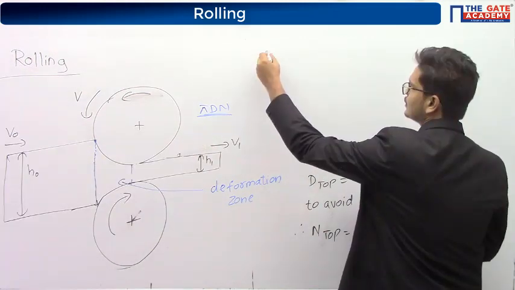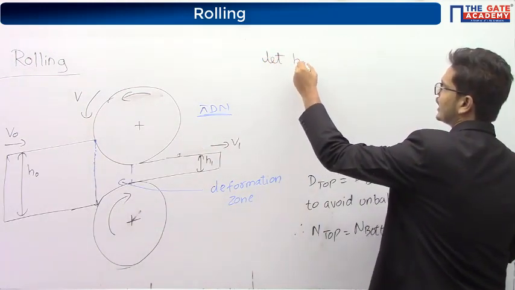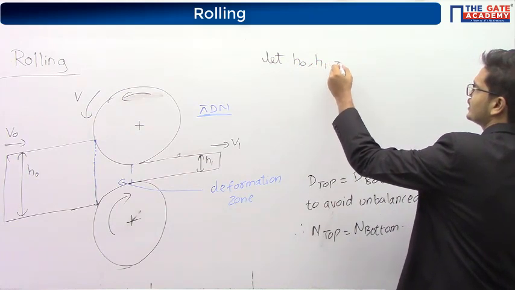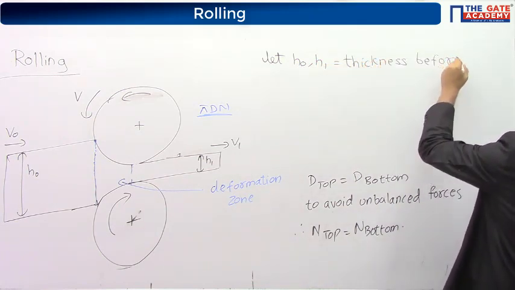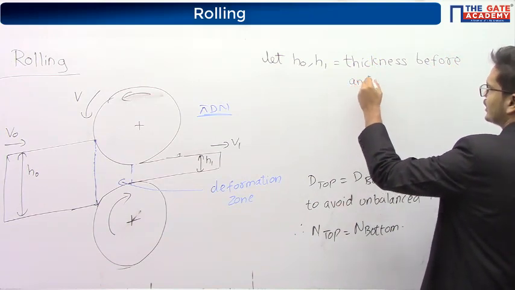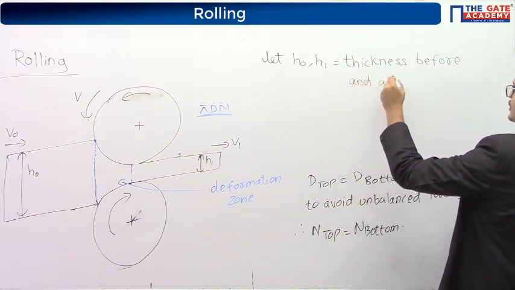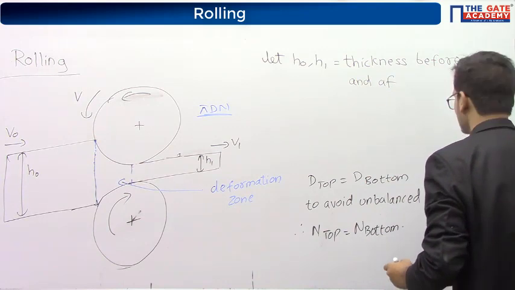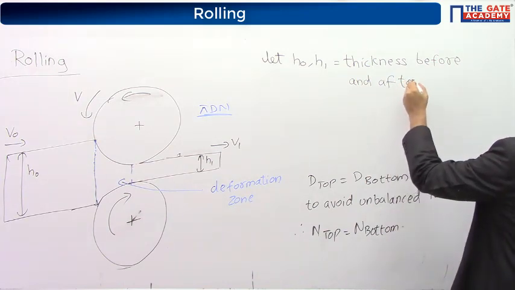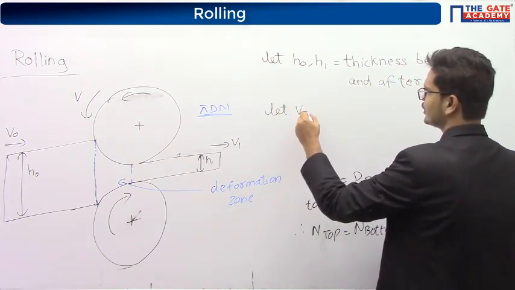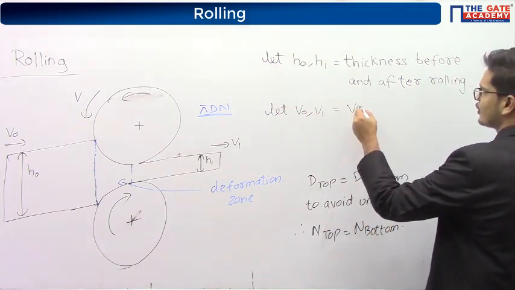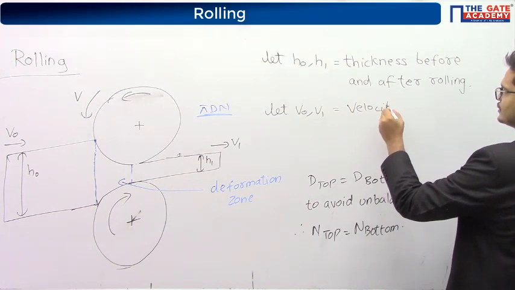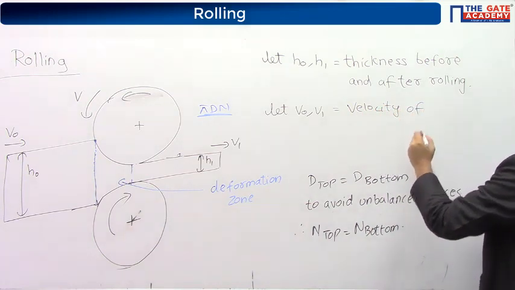Copied? Let H0, H1 be equal to the thickness before and after rolling. Let V0, V1 be equal to the velocity of the component.